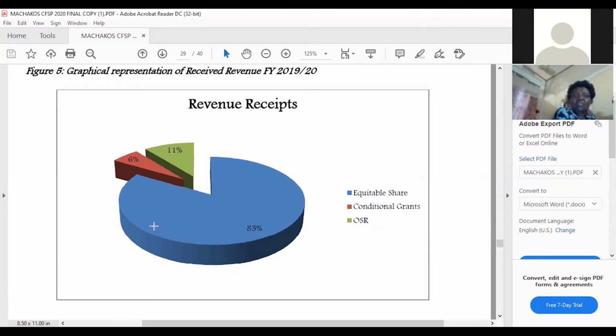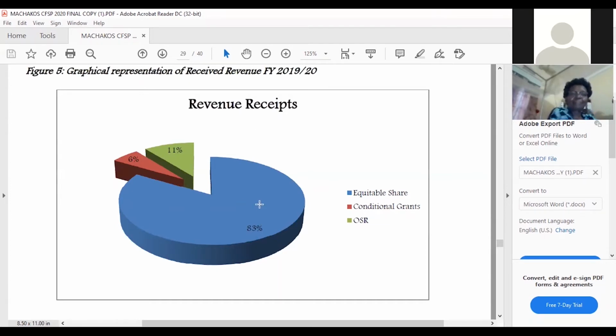The equitable share is what they get from the central government or the main government. Conditional grants are the ones that they get from organizations like Danida and others, specific for specific projects, and on collection, what they were able to raise. Yes, so OSR means own source revenue.